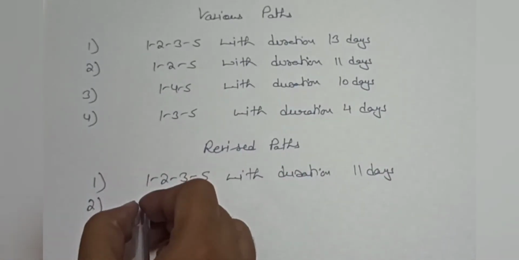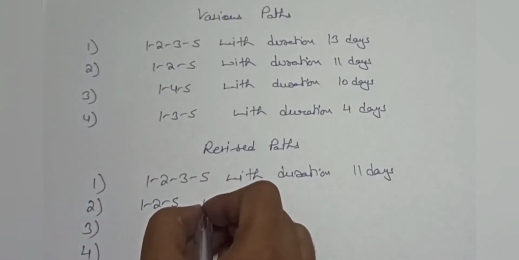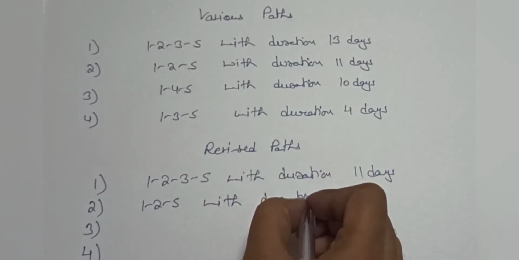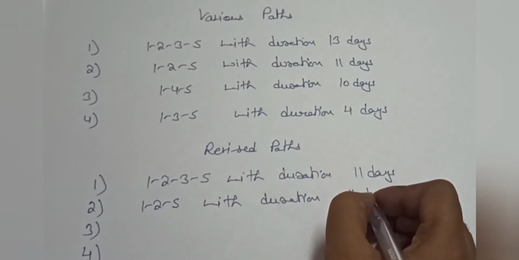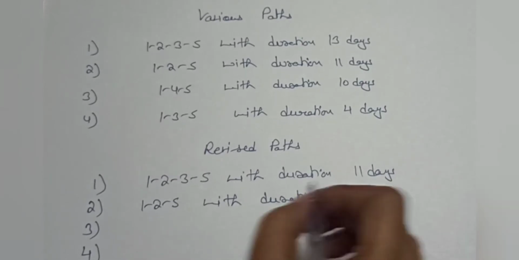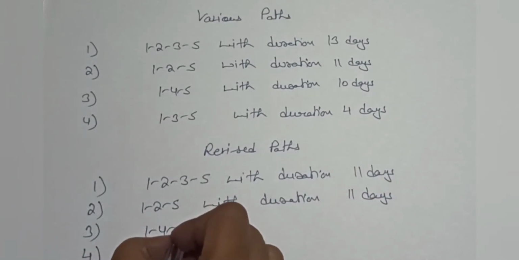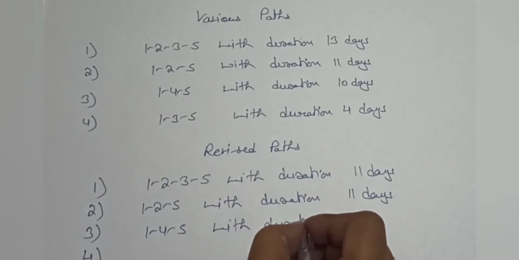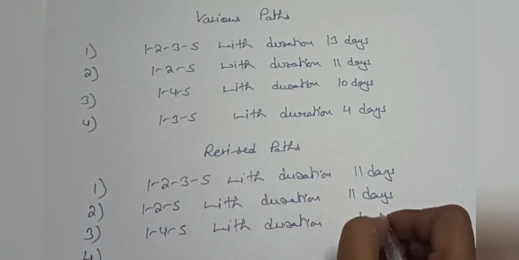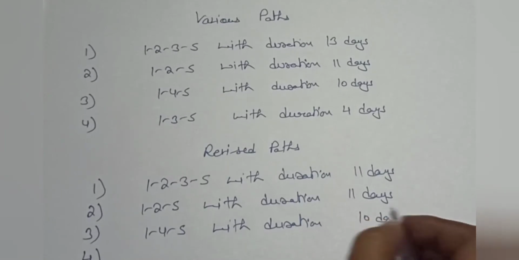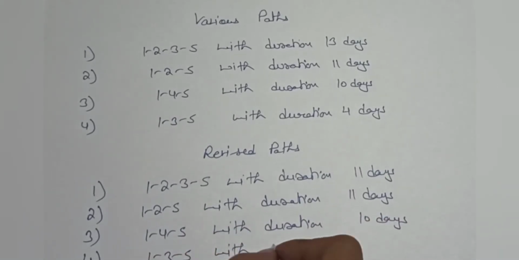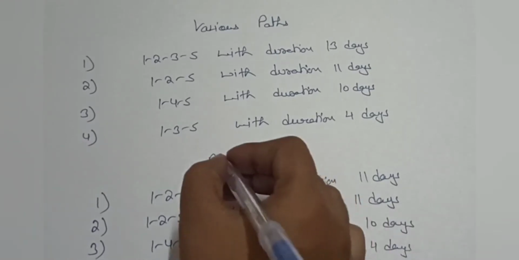So we can write 1 to 2, 2 to 5 with duration 11 days. Third path 1 to 4, 4 to 5 with duration 10 days. Then 1 to 3, 3 to 5 with duration 4 days.